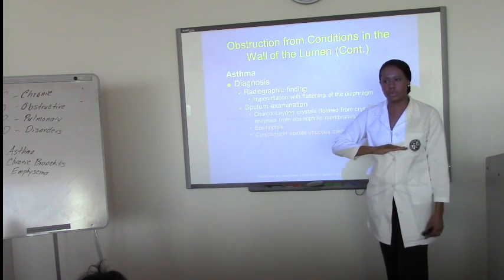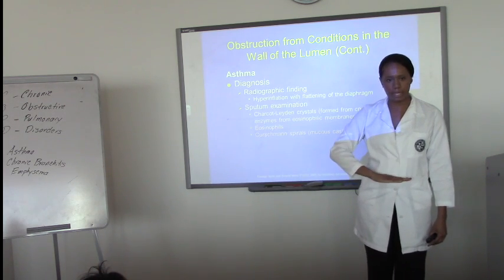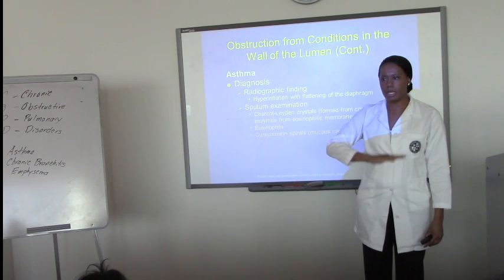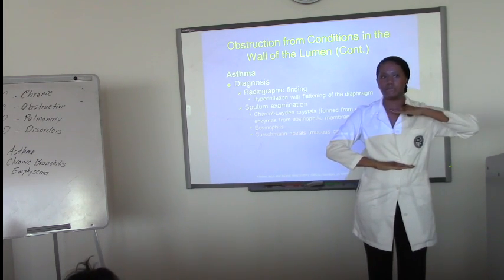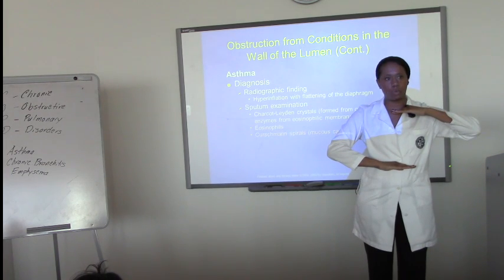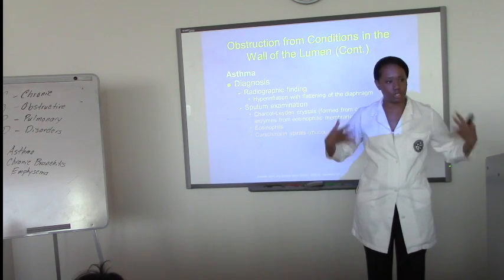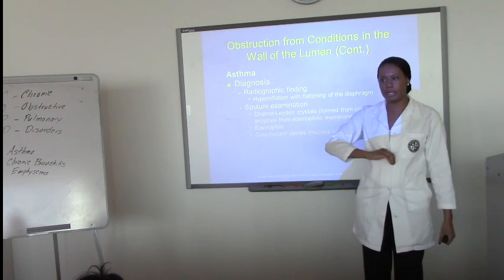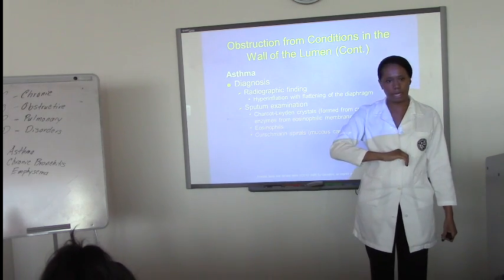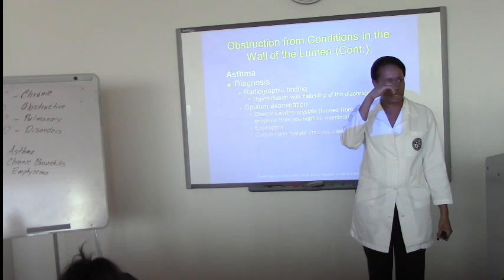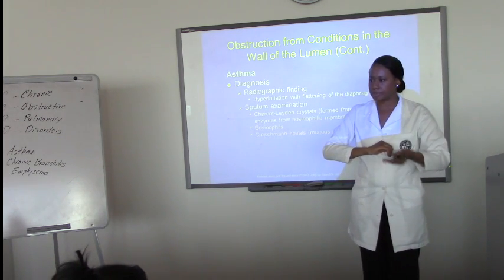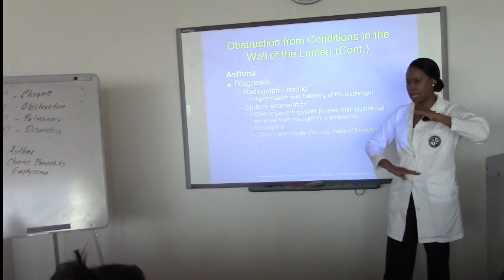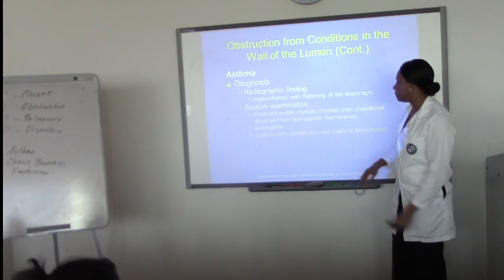Now this makes sense because when the diaphragm is flattened, it's dropped, which means that the lung field is wider, which means that they have a bunch of trapped air. Keep in mind that if you remember from physiology or anatomy, when the diaphragm is like this, it's at its relaxed state, and that's usually when we're exhaling. But when you have all the air that's in the lung, that's when it's flat.